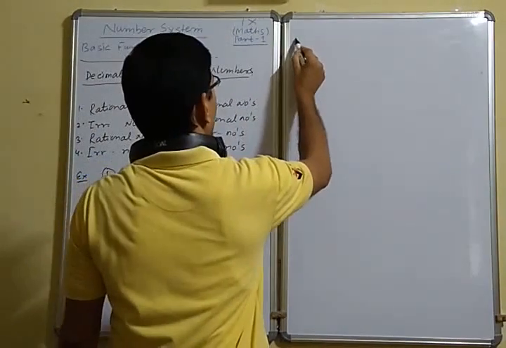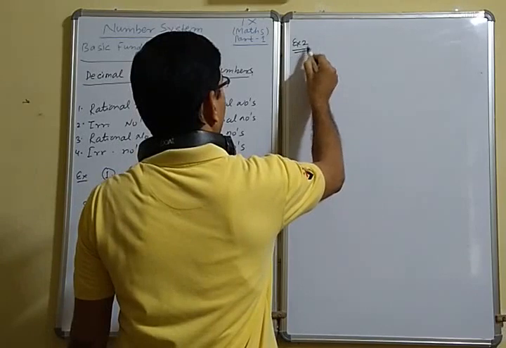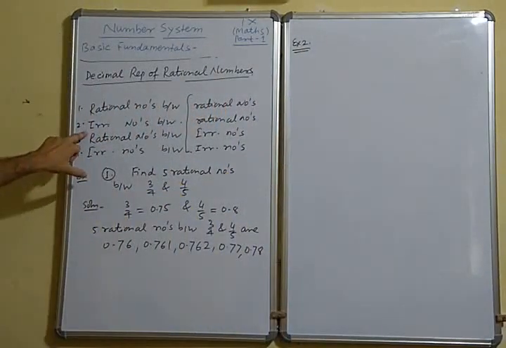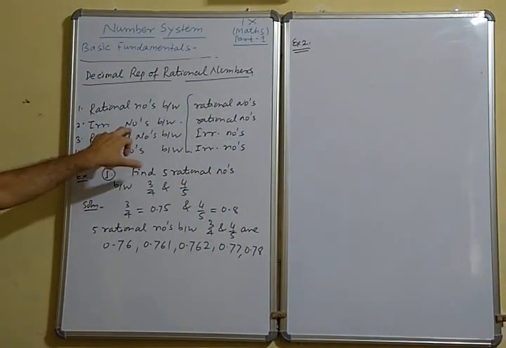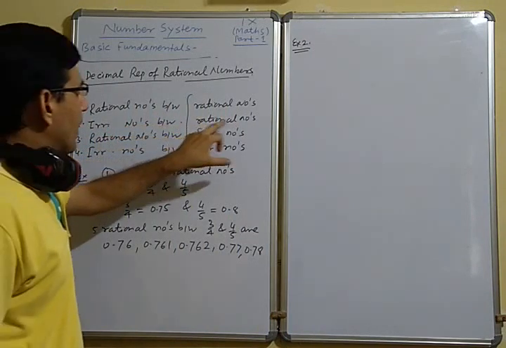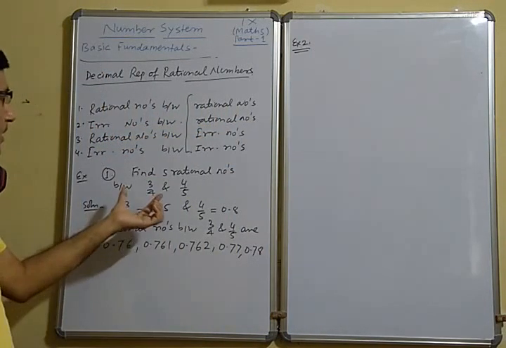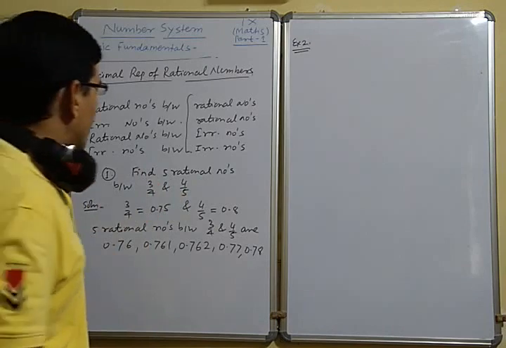Now example 2, to understand irrational numbers between two given rational numbers. Let us consider the same example.